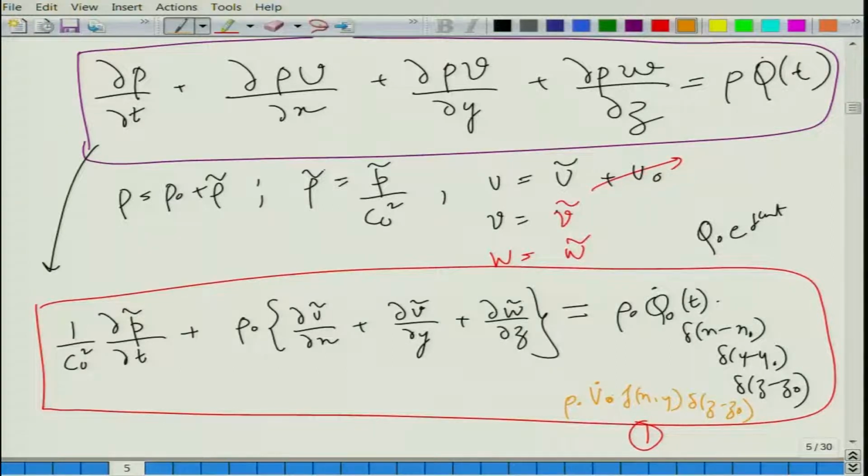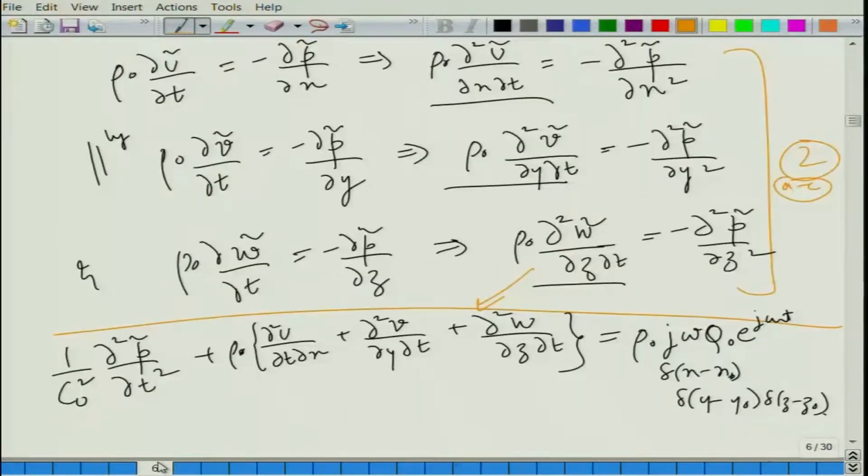Now, once we have this, e to the j omega t is of course there. So, then let us do the other things. Here you have rho naught j omega u naught e to the j omega t f x y Dirac delta z minus z naught, like this. Instead of this thing we will have this.